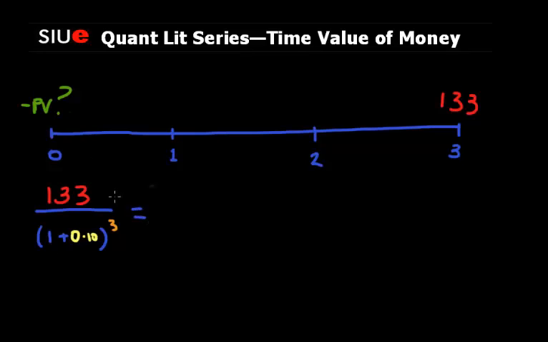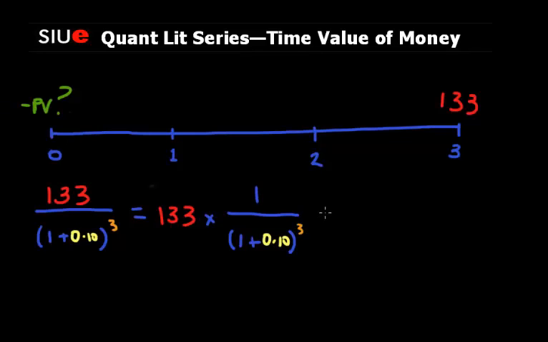Now this next thing I'm doing here, I'm going to stretch it out. I'm going to pull that factor out. It's going to seem a little bit ridiculous, but just to be consistent with the formula that we had before for the future value factor, I'm going to separate this out into its own factor, 1.10 raised to the power of 3.